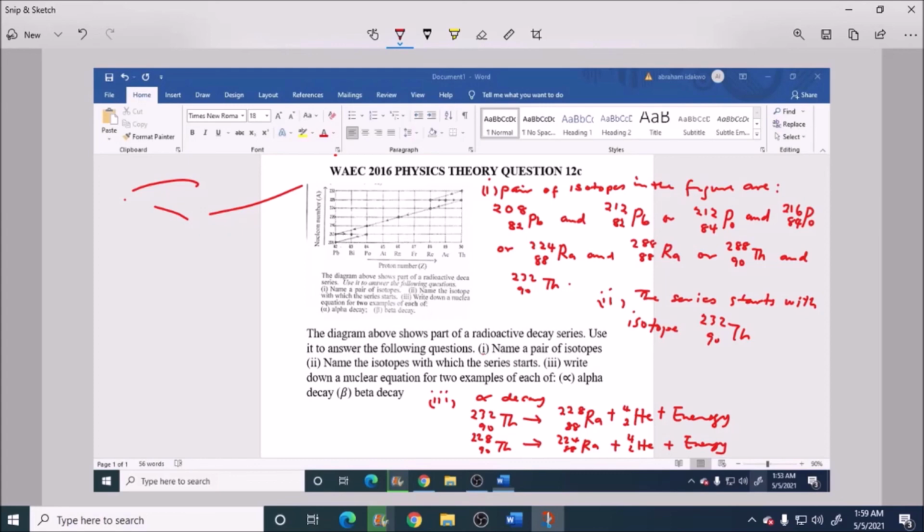Okay, that's as much as we can take for that. Let's look at beta decay.